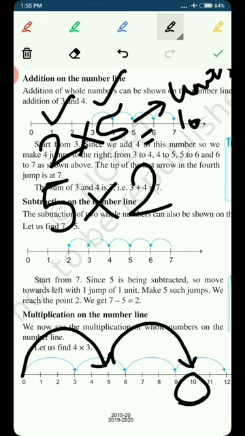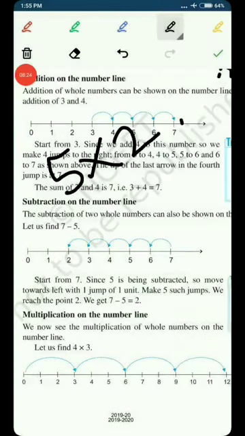So how do we do the multiplication? Starting from 0, we jump as many times as the number we are multiplying with the given number. And if we are taking it as 5 into 2, then what will we do?